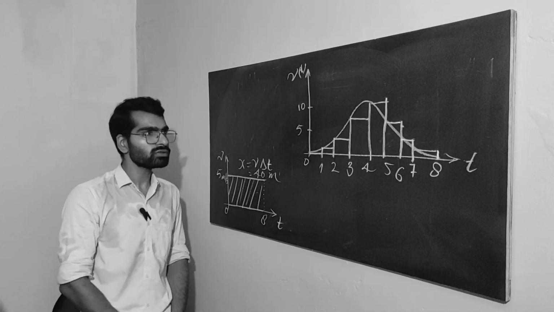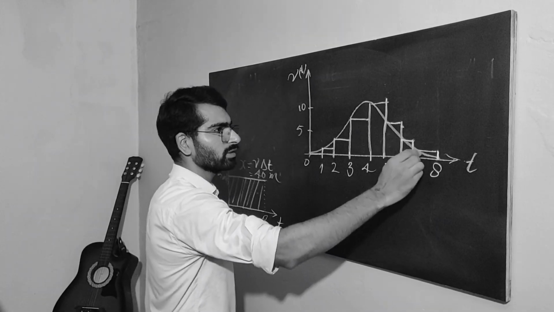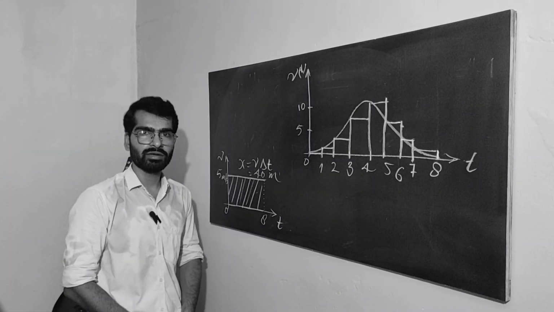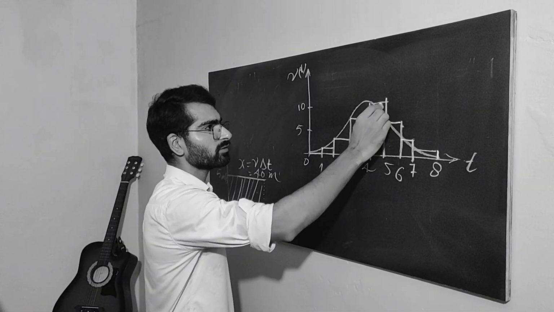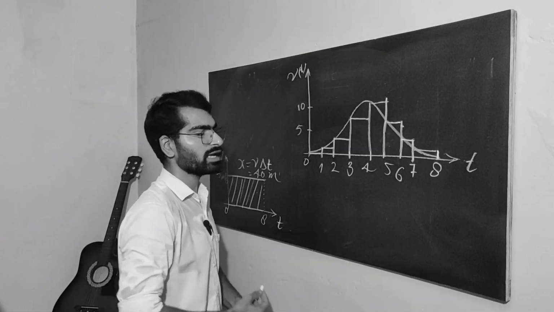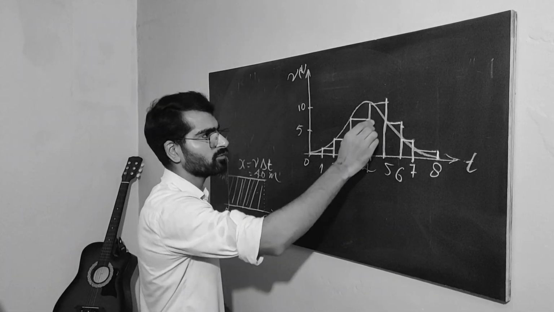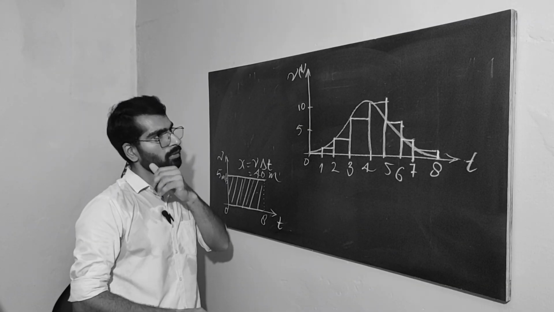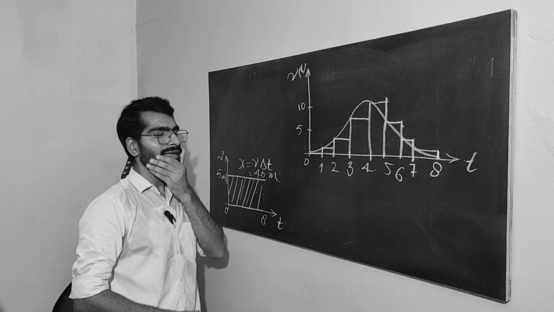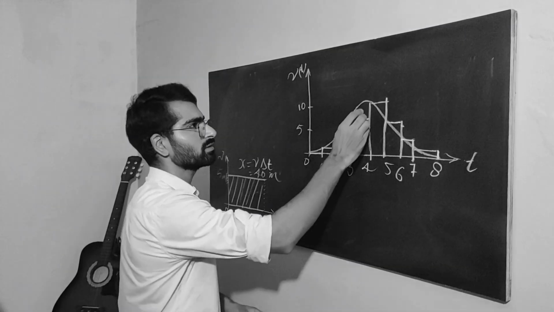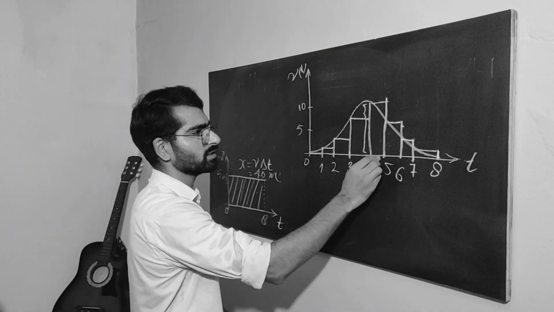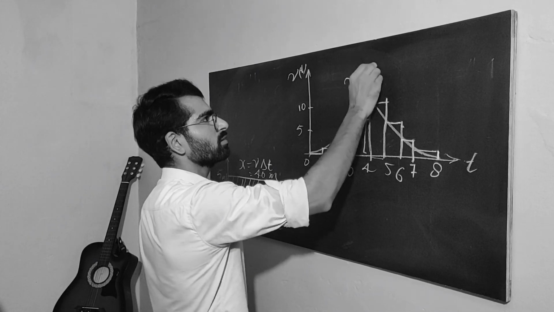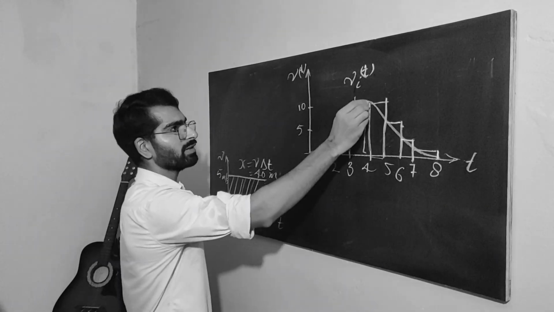Well, it's true that I cannot find you the area under the original curve, but I can find you the areas of these rectangles. All I have to know is the velocity for this interval, the velocity for the ith interval of t, whatever that is.